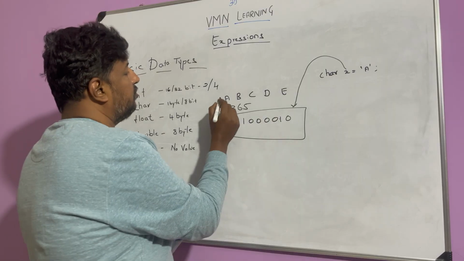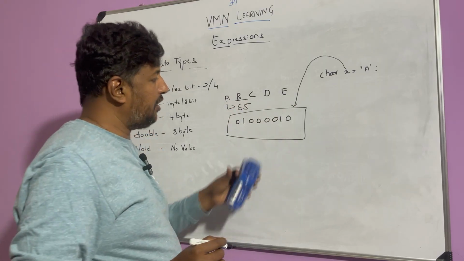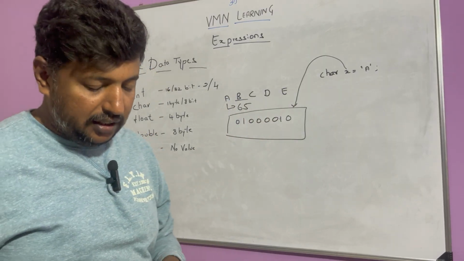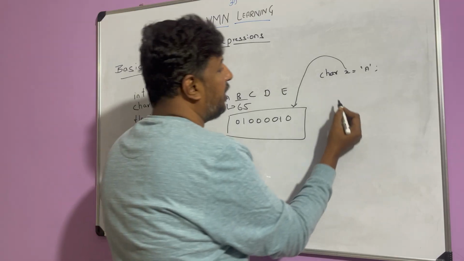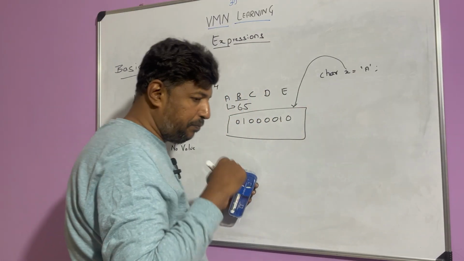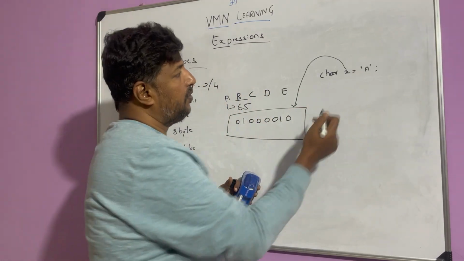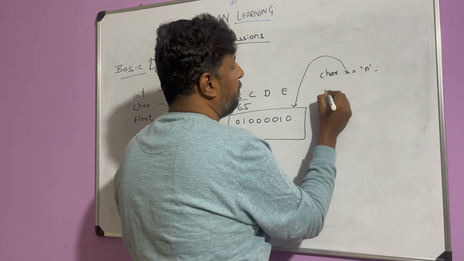These are called ANSI values. If you want to know the ANSI value, you can directly print it.